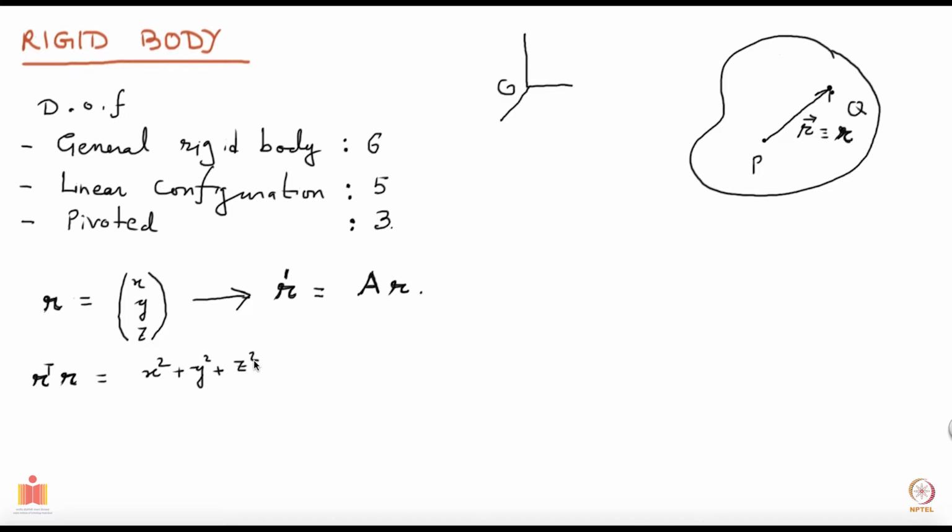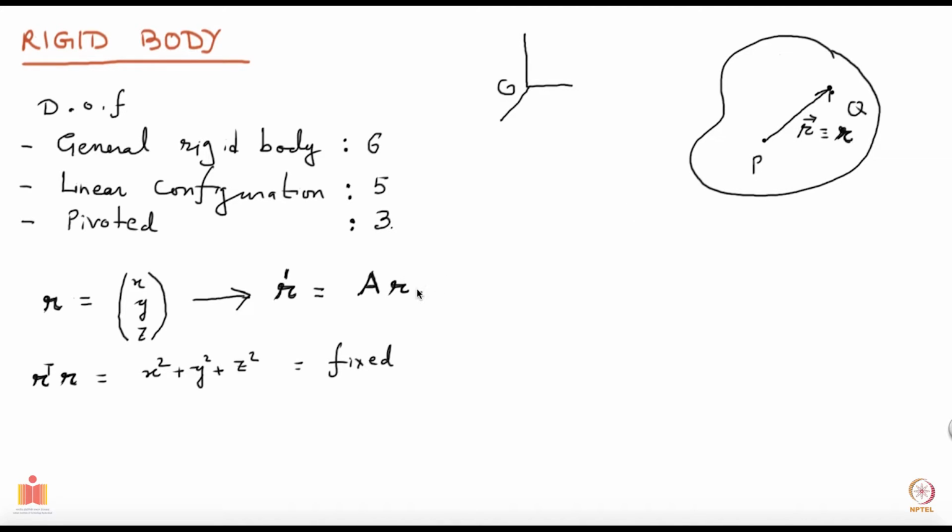And that's the square of the distance between these 2 points, and that quantity is not going to change with time, because this is just the distance between these 2 points, and it's a rigid body, it cannot change with time. So this is going to remain fixed as time goes on, as far as these 2 points, or any 2 points, are concerned.